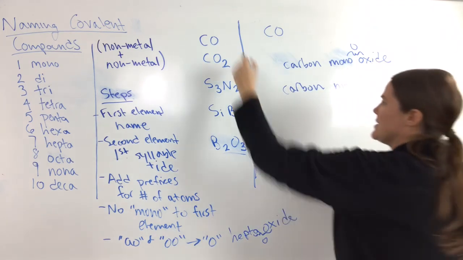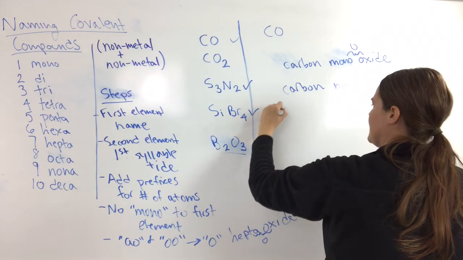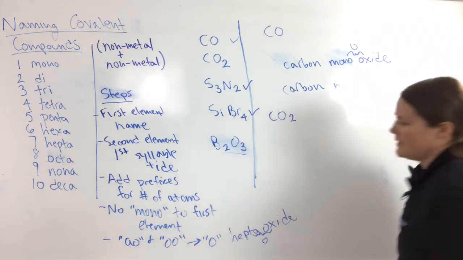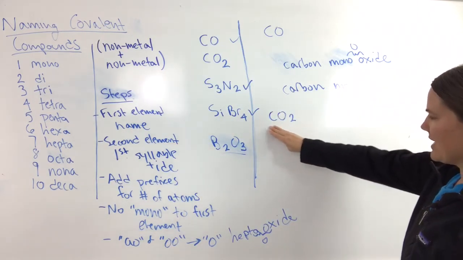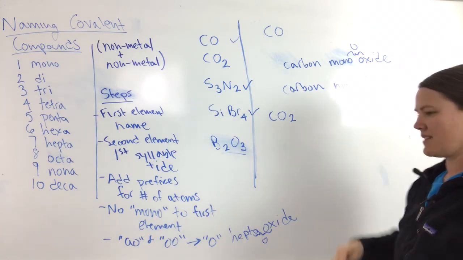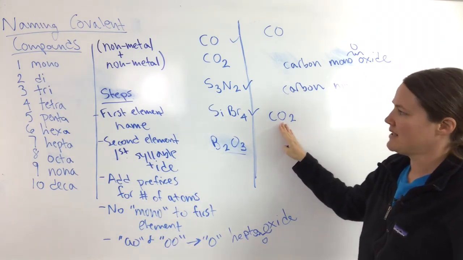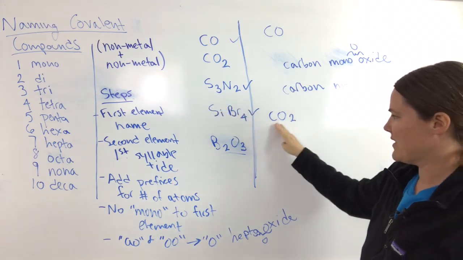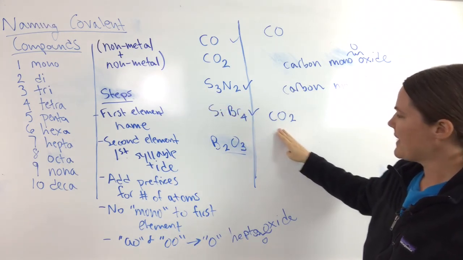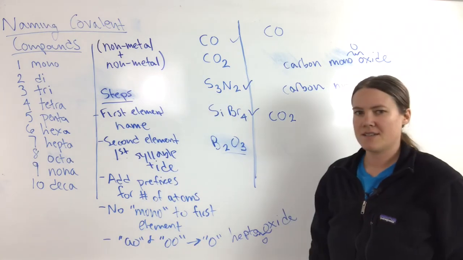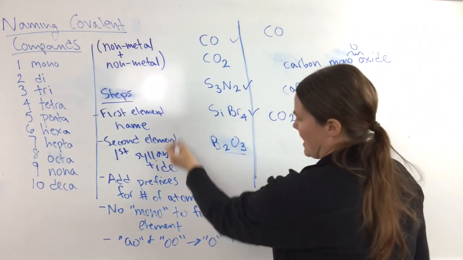Now let's do CO2. For this one, let's just go through. We've already figured out that carbon and oxygen are nonmetals. Since we have two nonmetals, we know that this is a covalent bond. So we're going to use the covalent bonding name rules.